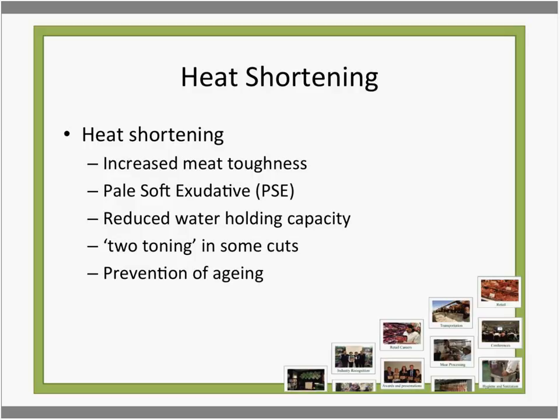You end up with two-tone in some of the cuts, cell variation, and it also means that you can't age the product because the enzymes that help the meat to become more tender with aging are denatured.